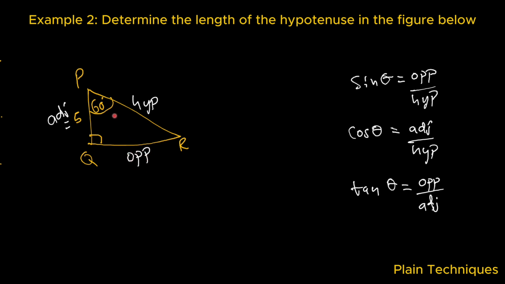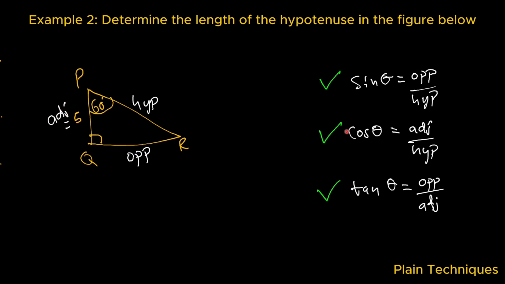Now, let's check what we've been given. We've been given the angle. All of them have the angle, so all of them qualify. I'm trying to narrow down which ratio to use. Now, here is another parameter that we know, which is the adjacent.